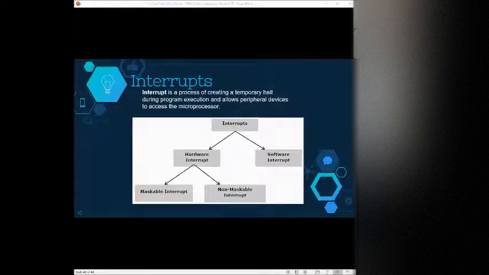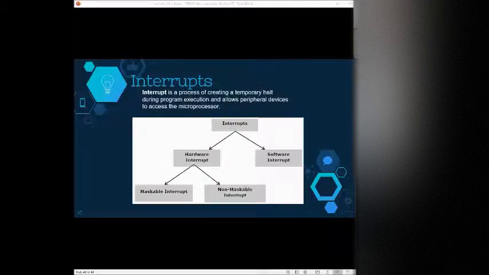The IP is loaded from the contents of word location 00008H, while the CS is loaded from the contents of the next word location 0000AH. Of course, the interrupt flag and trap flag are reset to 0.